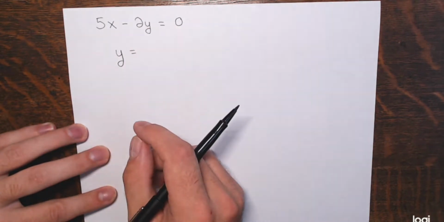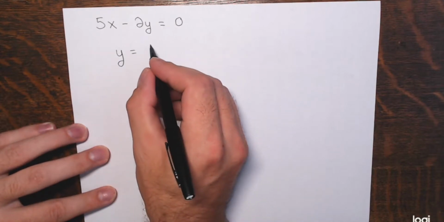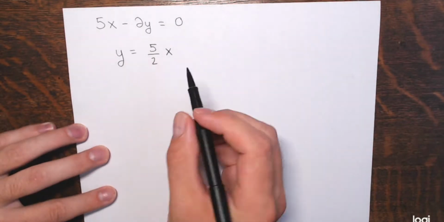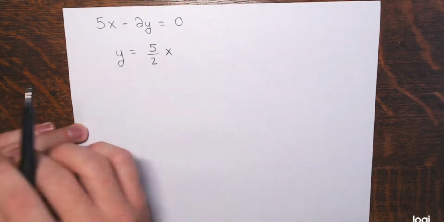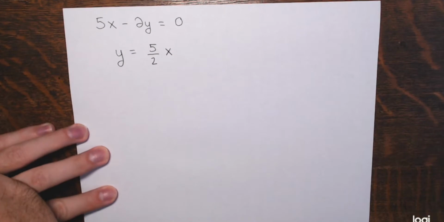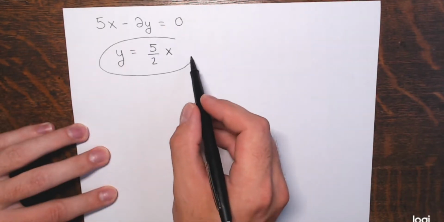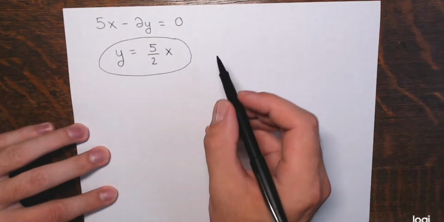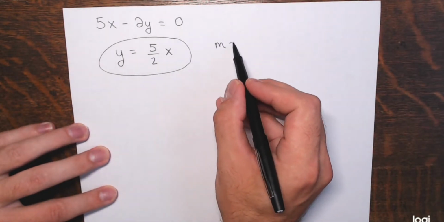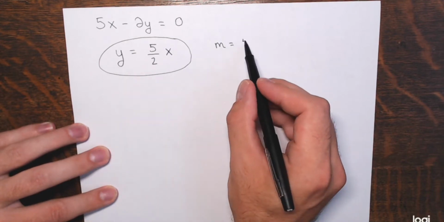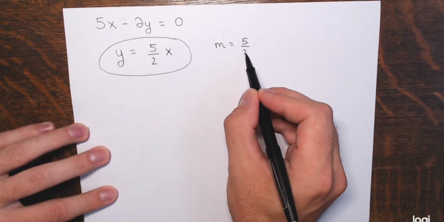Negative 5 divided by negative 2 would be positive 5/2 times x, right? And then plus 0. I mean, the constant on that other side is still 0. And 0 divided by any non-zero number is still 0. So here's the same equation in slope-intercept form, right? And the slope of this line, once you solve for y like this, is the coefficient of x, right? Positive 5/2.